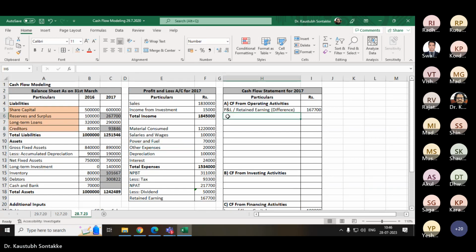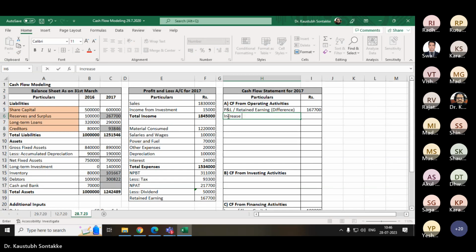Creditors. Where will you take creditors? In operating activity. Because it's an operating current liability, you will always take it from operating activities.